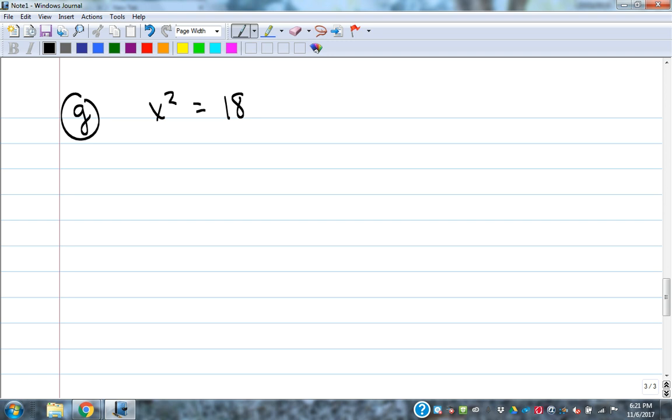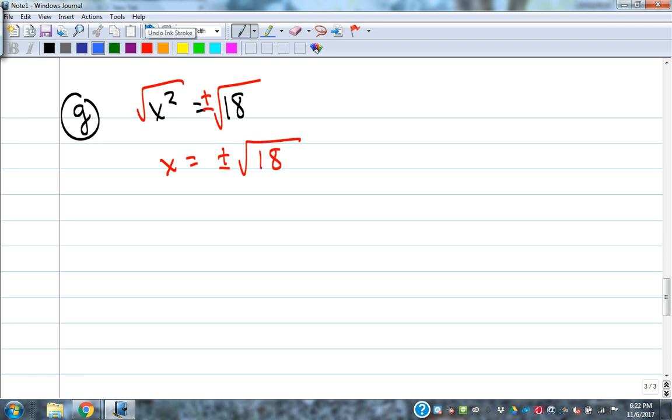That's when you know you can use square roots, is when you've only got x squared and a number. So for this one, we've got x squared by itself. So that's where we can take the square root of both sides. When I take the square root, I've got to remember to do plus or minus in front of the side with the number. So I have x equals plus or minus the square root of 18.